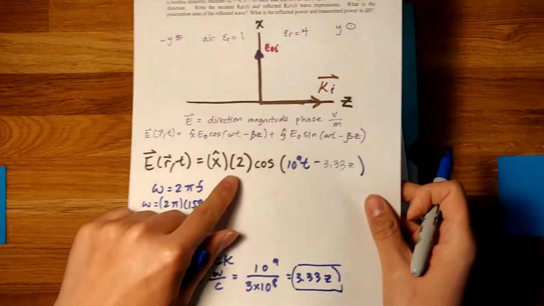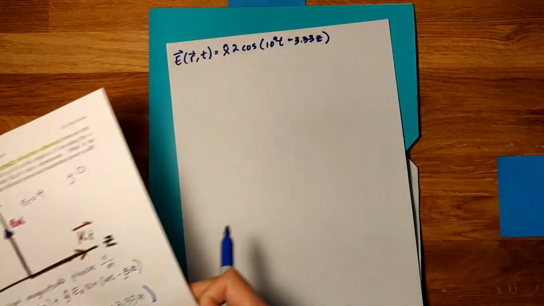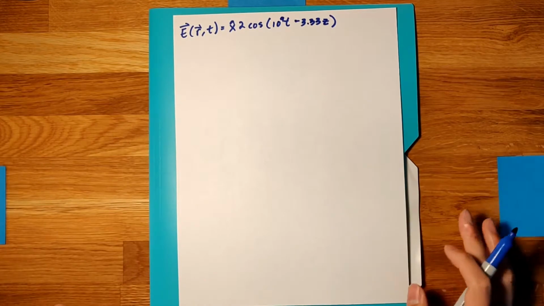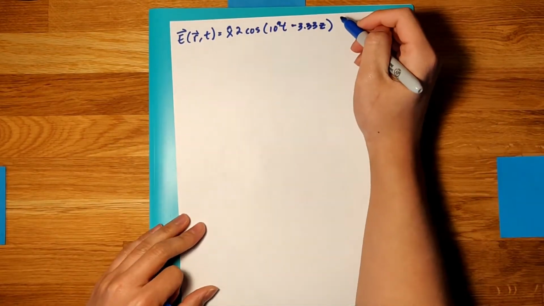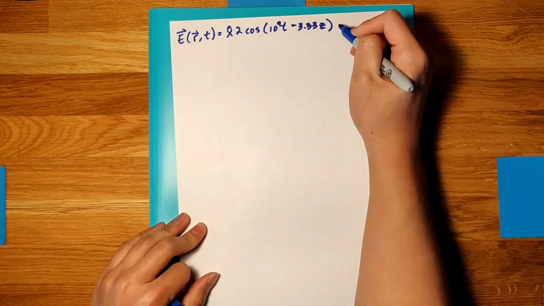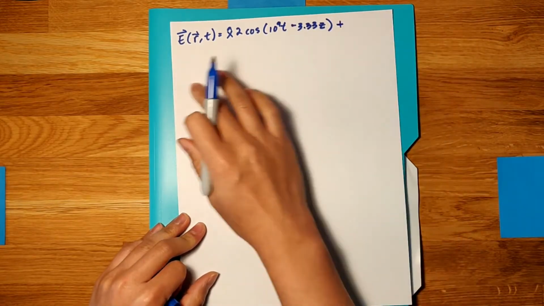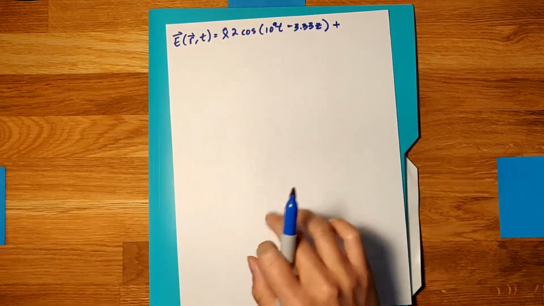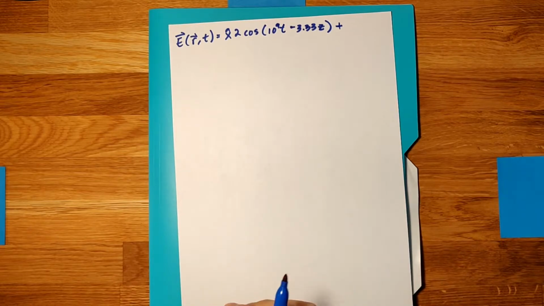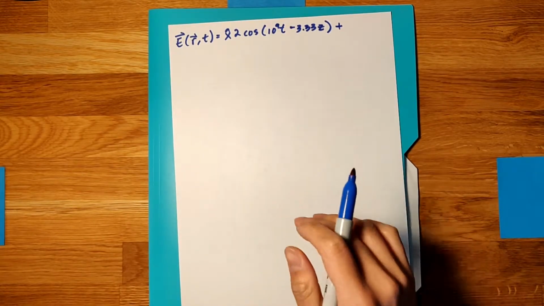I simply just copy down what we had. Now we just need to find the second part, plus something here, which will be in the same form.